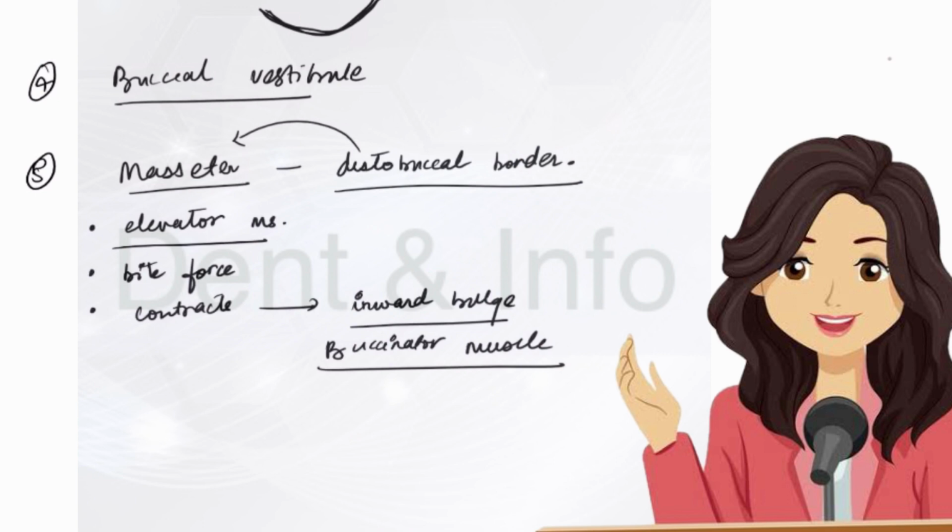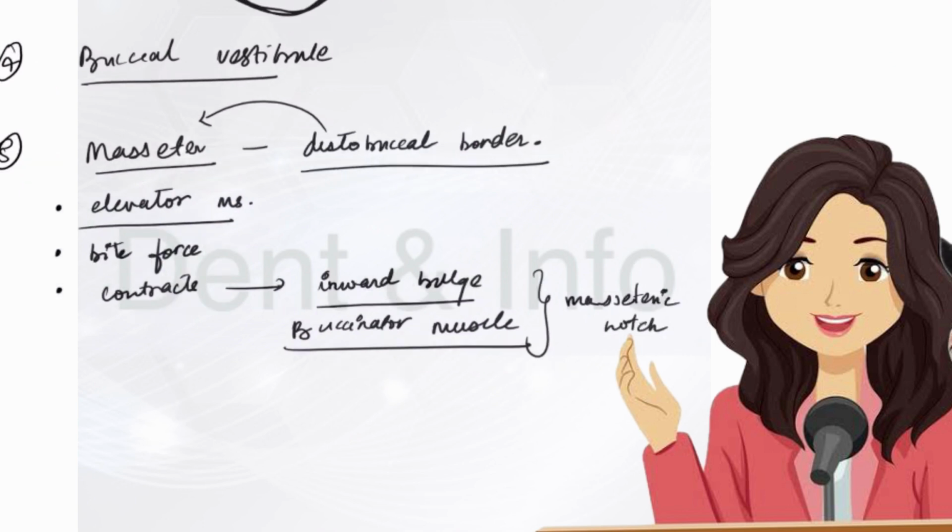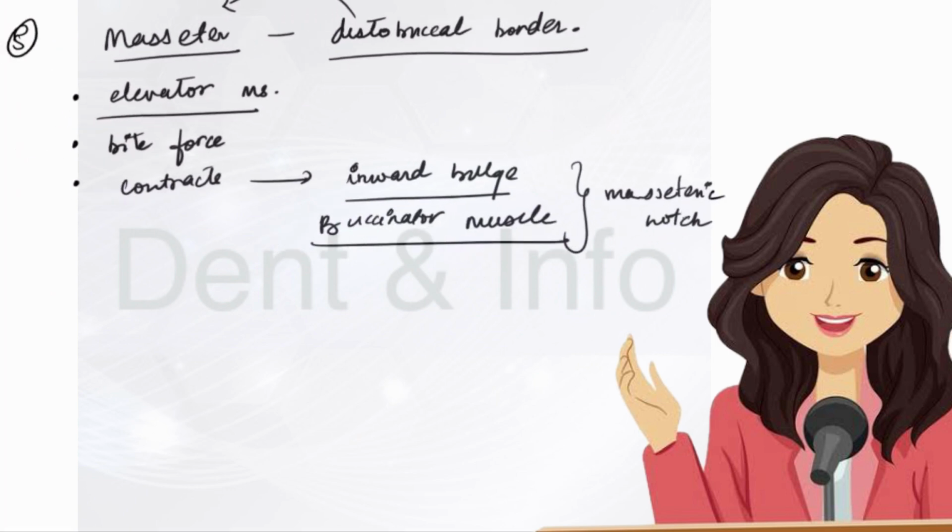So masseter is outside. If you see it 3-dimensionally, masseter is outside, buccinator is located inside. When the masseter contracts here, it pushes through the buccinator, which creates an inward bulge, and together this on the distobuccal border creates something which is called as the masseteric notch on the impression. So a very commonly asked MCQ question in your exam is the masseteric notch is created by the influence of what on which structure.